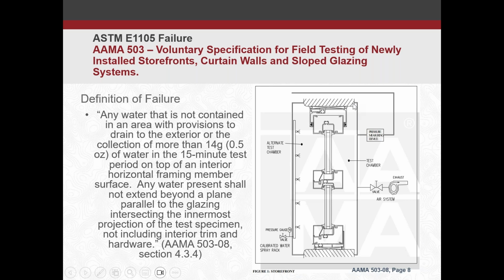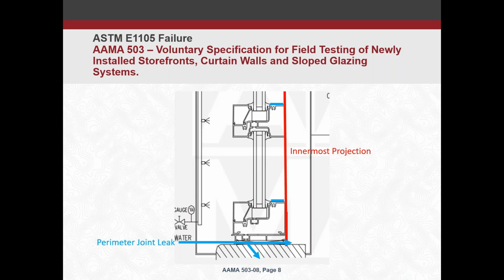Again, you can see in the image to the right, the inside has the negative air chamber installed, and on the left side, on the exterior face, there is the spray nozzle setup. Again, this is similar in the fact that a break in the plane of the innermost projection, the red line shown, would be an automatic failure.